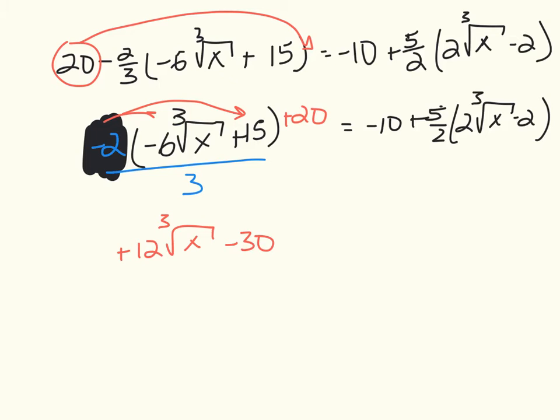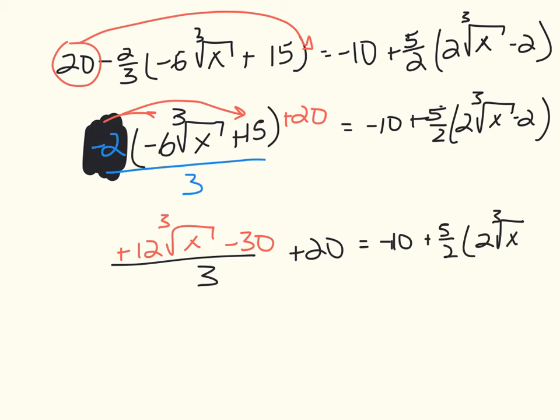And that whole thing is going to be written over 3. I still got my +20 equals, and everything on the right side's the same. You see, I only work on one side at a time so that I don't have to stress about 2 things at once. I'm not very good at juggling.